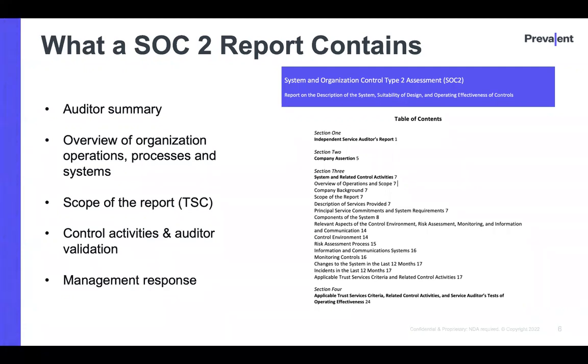Why is this important? Well, obviously, when we receive a report from a vendor, one of the key things we need to make sure is that the scope that's been assessed against ties in or aligns to the scope of service that the third party is providing to us, the type of product and service delivery.